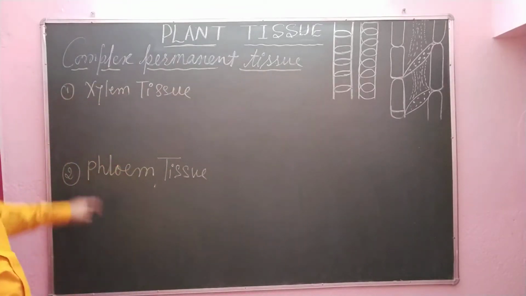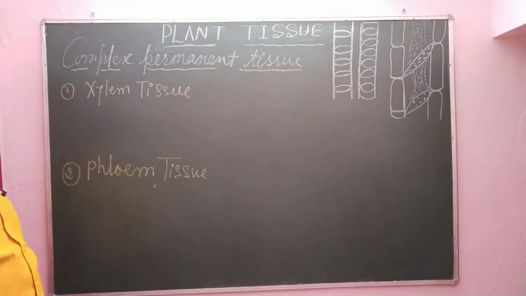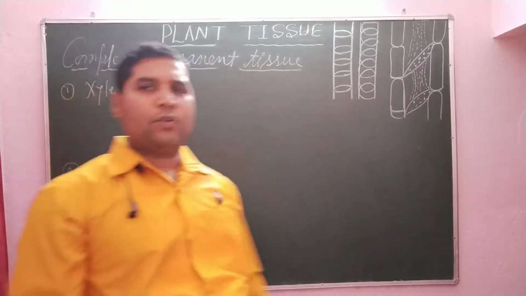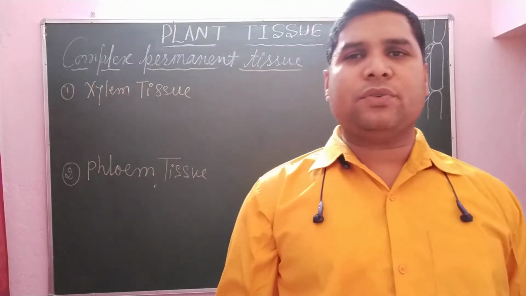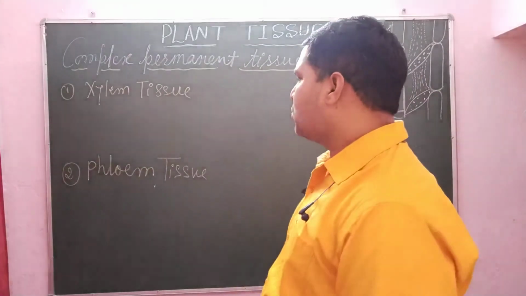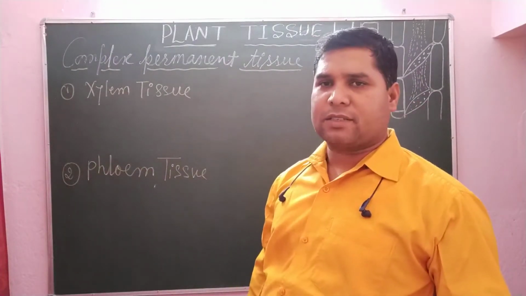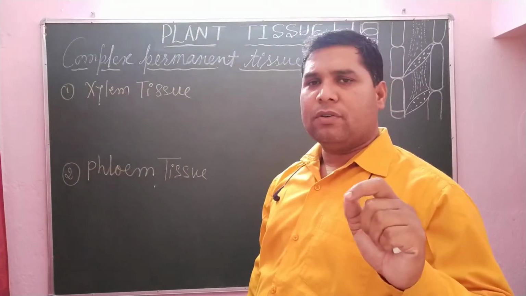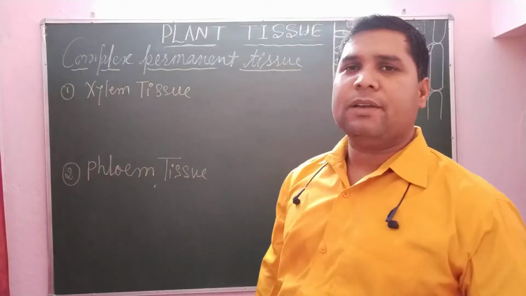Dear student, xylem and phloem tissue both are known as complex permanent tissue. Why are they known as complex permanent tissue? Because these two types of tissue are made of different types of cells. So let us know by which types of cells these two types of tissue are made.